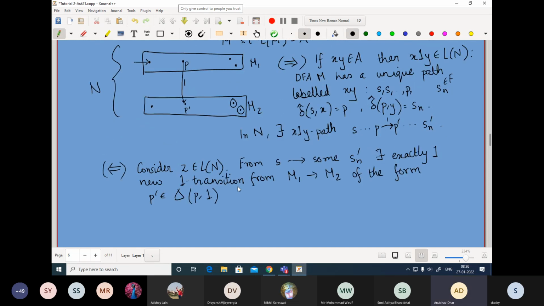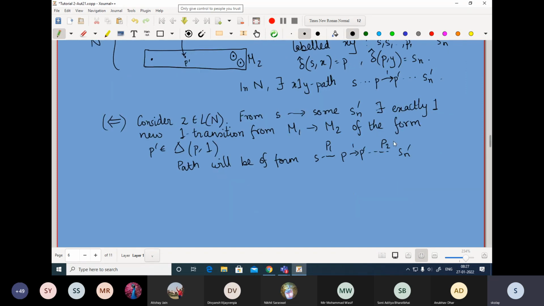Ma'am, so we can break the path again into S to P, then P to P dash, and then P dash to Sn dash. So the path will be of the form S to P, P to P dash to Sn dash. I'll call these P1 and P2, P2 dash.